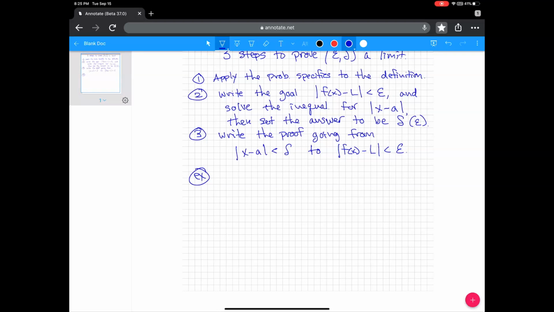So let's say we want to prove that the limit as x tends to 3 of x squared minus 6x is equal to, I'm going to say minus 9.